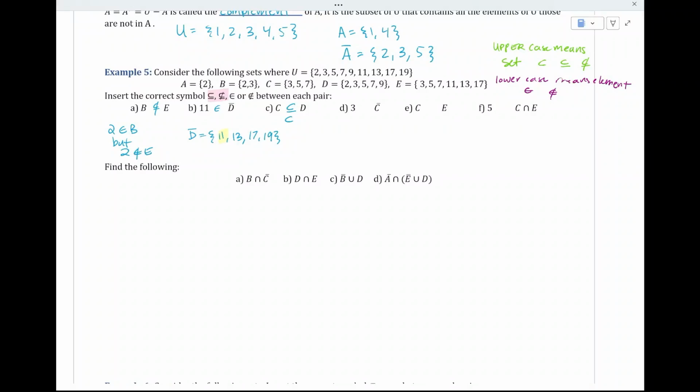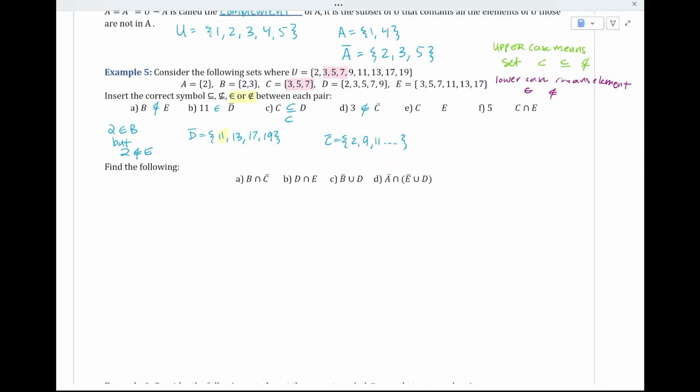Okay, next up, 3 and C complement. So we're going to be looking at an element again. C complement, let's figure out what that is. This is C, 3, 5, and 7. So that's what's not going to be included in C complement. So that's 2, and then 9, 11, etc. But that does not include 3.